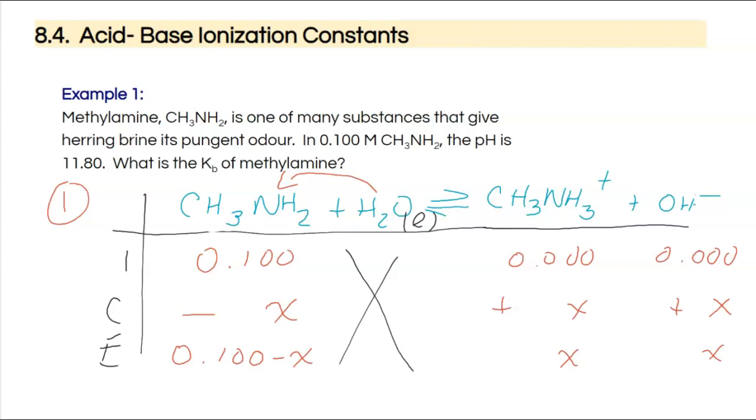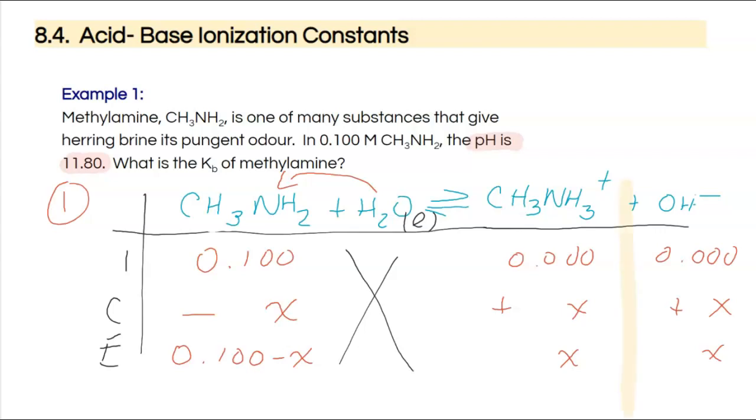Now, what I want to focus in on right now is that they are actually giving me the pH is 11.80. And so the pH can give me some really important information about my hydroxide ion concentration.